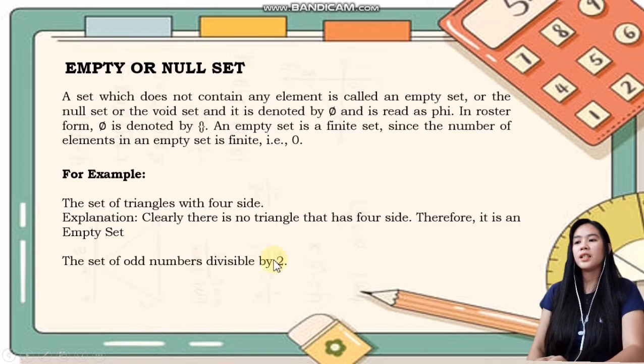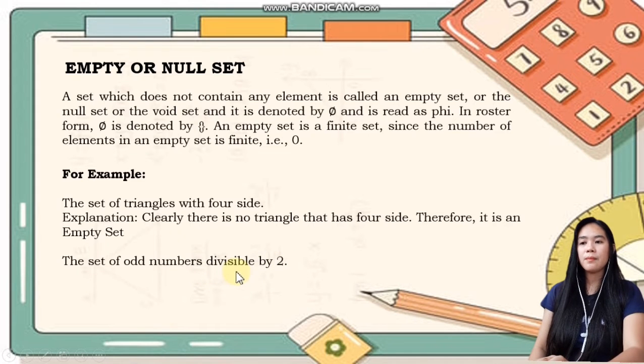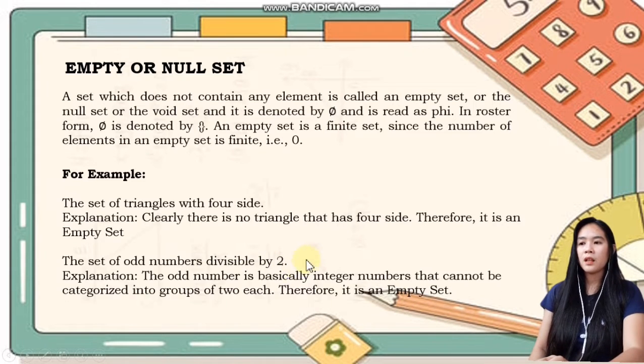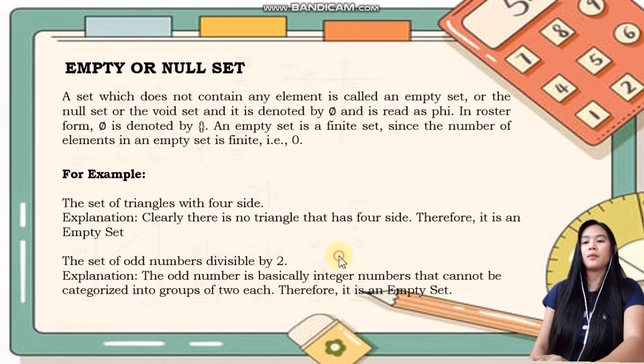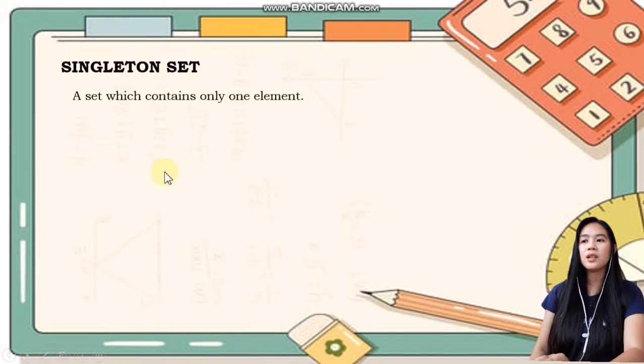Another example, the set of odd numbers divisible by 2. So the odd numbers are basically integer numbers that cannot be categorized into groups of 2 each. Therefore, it is an empty set. So the next one is the singleton set, a set which contains only one element.